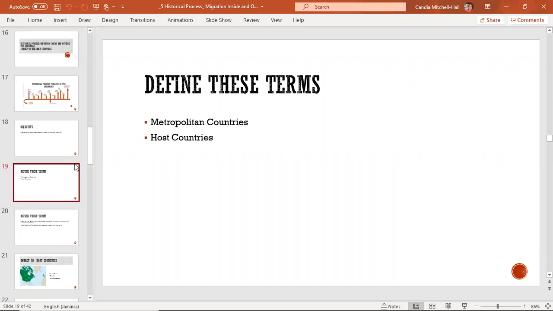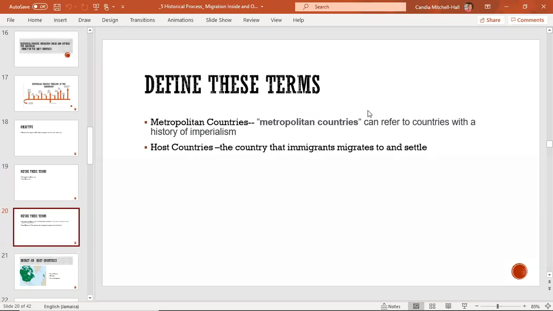So when we talk about metropolitan countries, we are talking about countries with a history of imperialism. So we are making reference to countries like the US. Also, the term has evolved to mean developed countries. So any country that is considered to be a developed country is considered to be a metropolitan country.